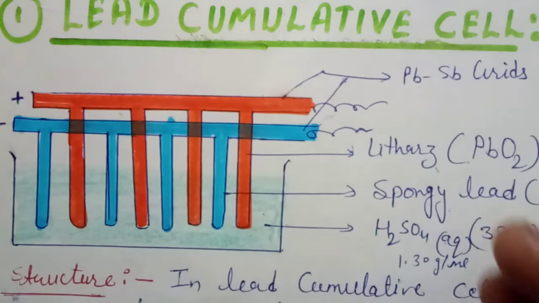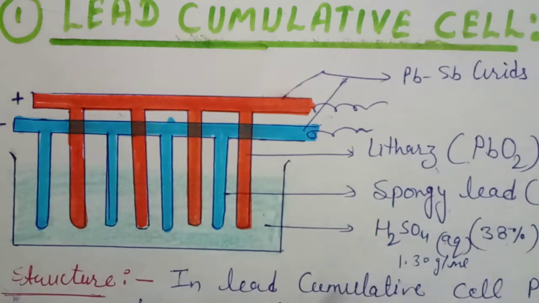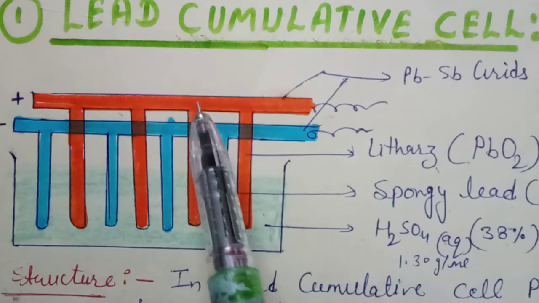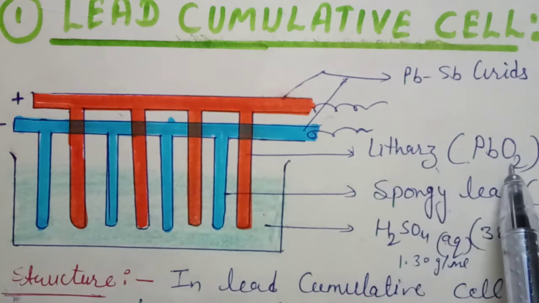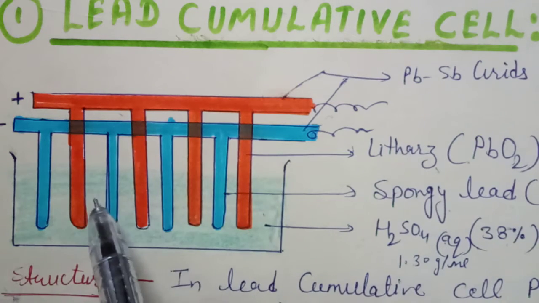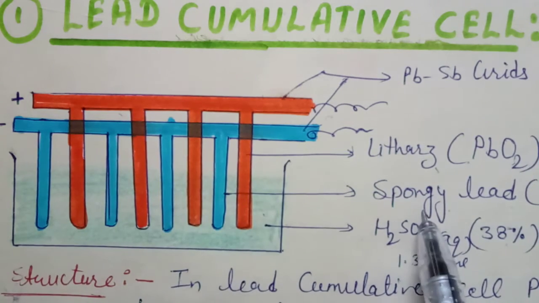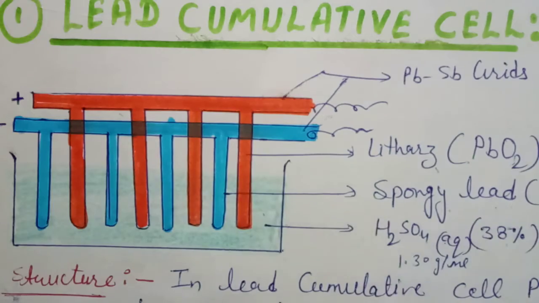This is the very simple structure of lead accumulator cell or inverter we use in our homes. Container filled with H2SO4 38%. Half Pb-Sb grids are filled with PbO2 acting as cathode, and other half are filled with spongy lead acting as anode.